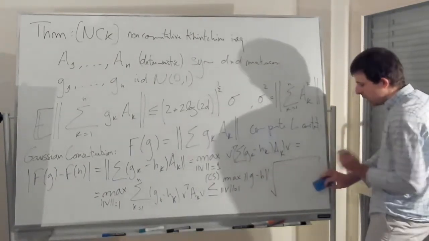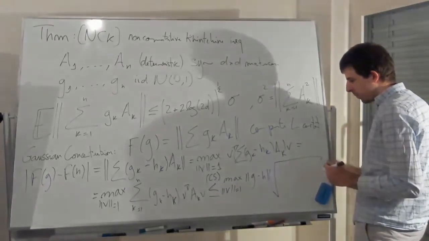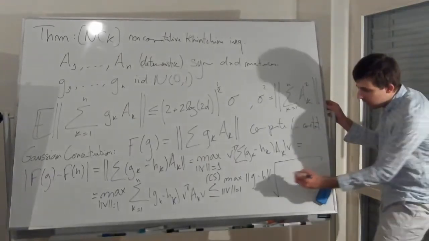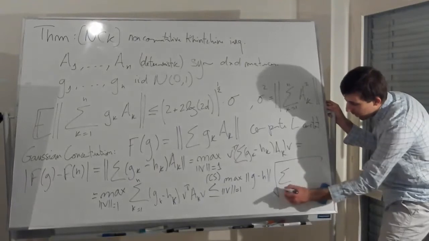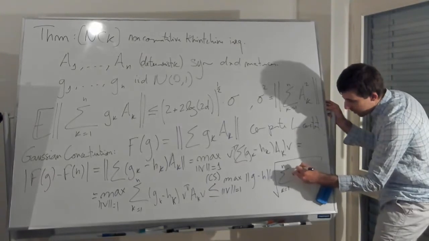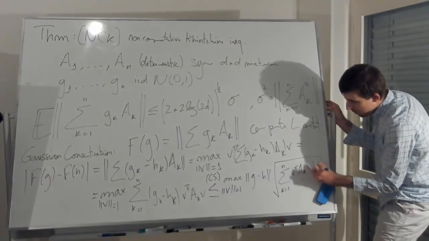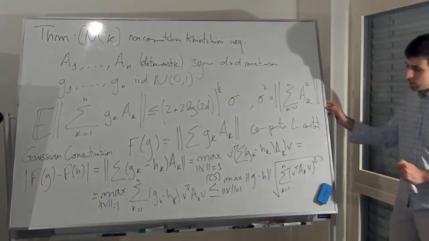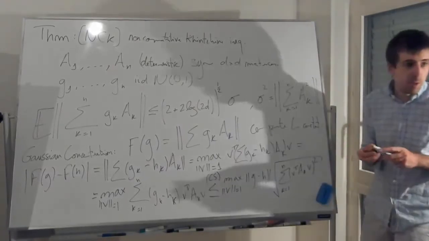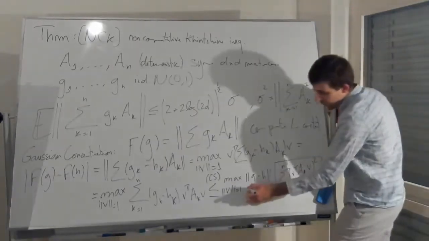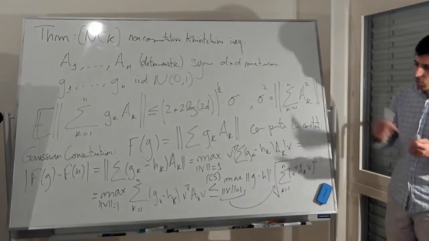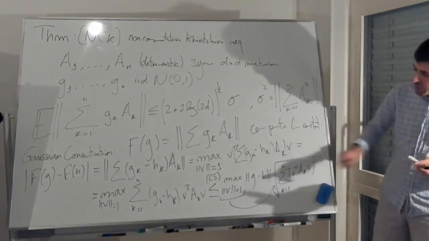So the square root of the sum from k equals 1 to n of v transpose a_k v squared, which is the Euclidean norm of this vector squared. And of course, the max can move past here. This max can certainly move here. And so it means that the Lipschitz constant for this function is just given by this quantity.